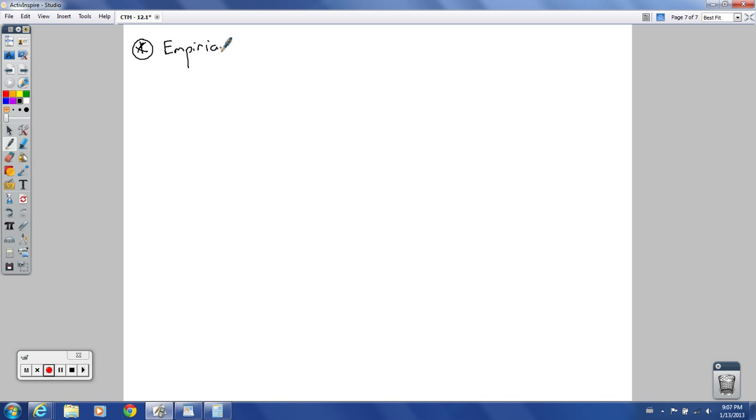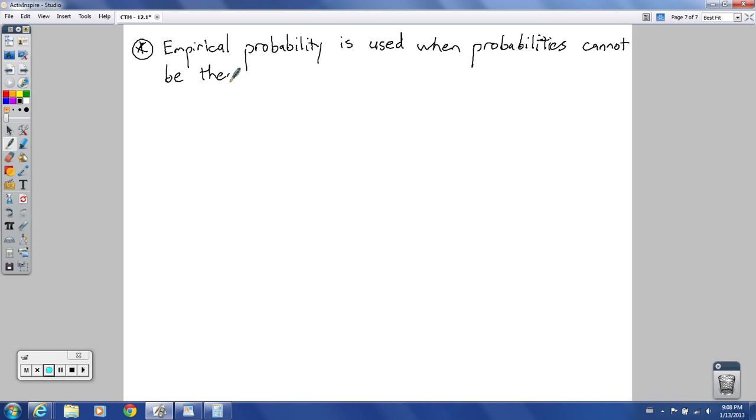So, empirical probability. This is the only lesson where we will be focusing on empirical or experimental probability. Generally we only use empirical probability when probabilities cannot be theoretically calculated.